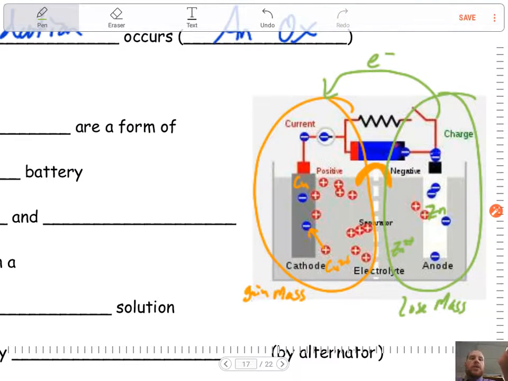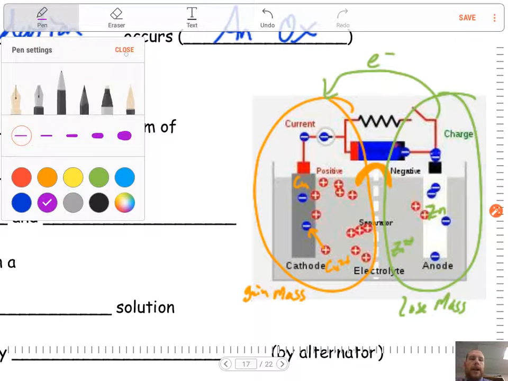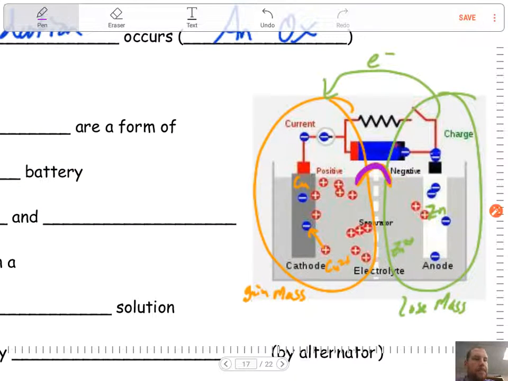Now you might be thinking, how can something gain mass and something lose mass? Well, that's where this salt bridge comes into play. I'm going to actually make this salt bridge purple. This is our salt bridge. And that plays a very important role for a number of different reasons. Without the salt bridge, guys, the two cells could not be connected to each other. So that means all these electrons couldn't continuously flow.